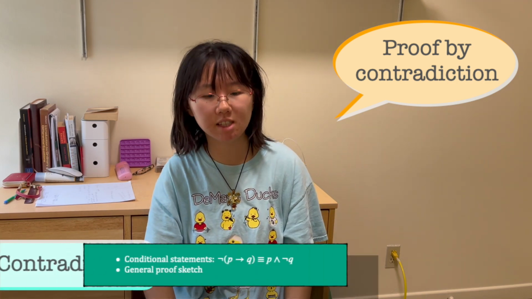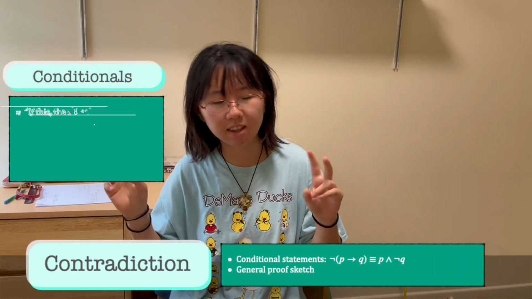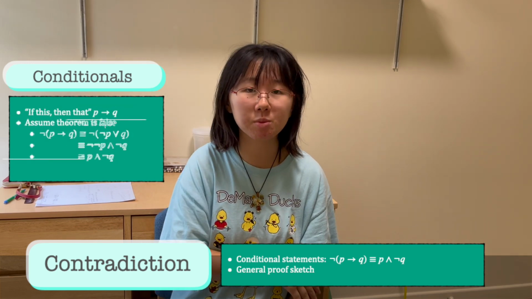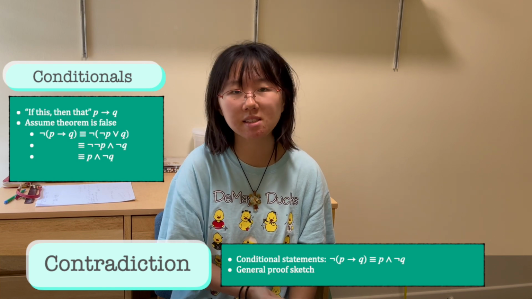So for if-then statements that go like if this, then that, or P implies Q, we have to first negate our original P implies Q statement, right? Because that's our theorem.